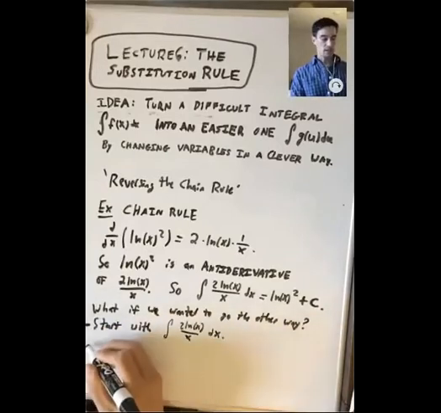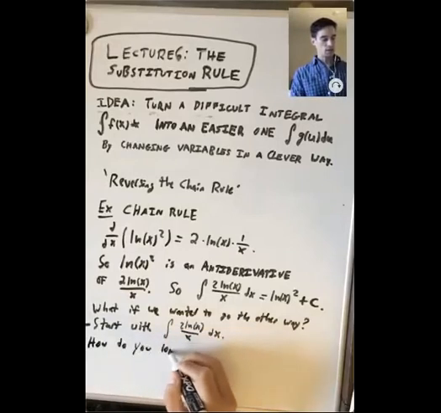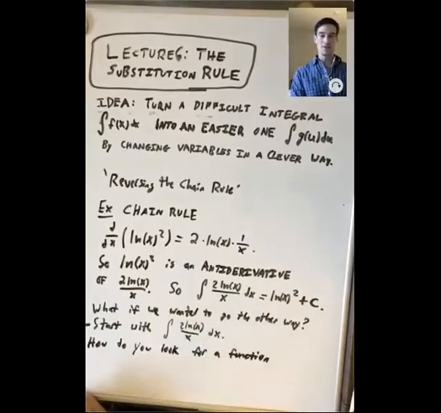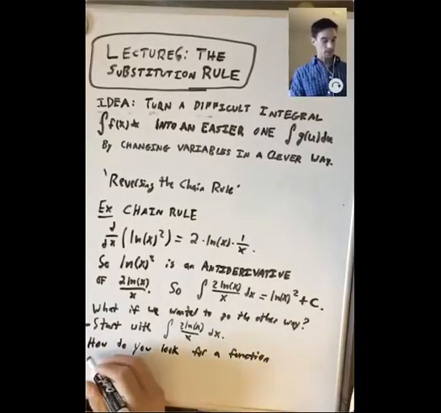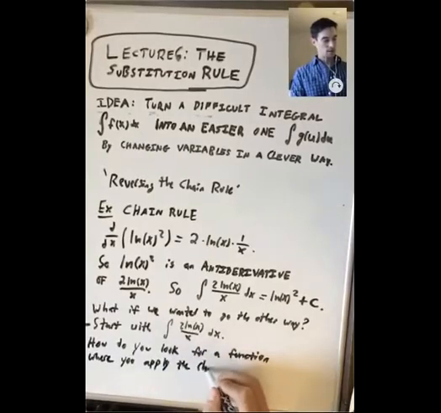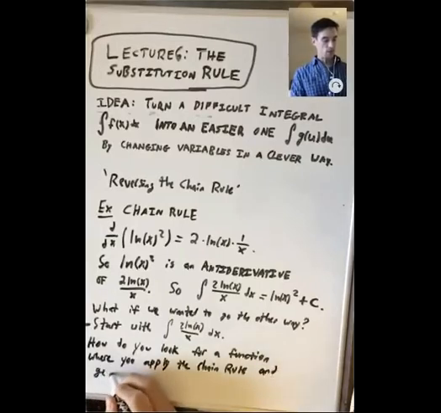The question is, how do you look for a function where you apply the chain rule and it gives you the thing that you want to integrate? That's the question that we're going to answer with the substitution rule. Look for a function where you apply the chain rule and get what you want.